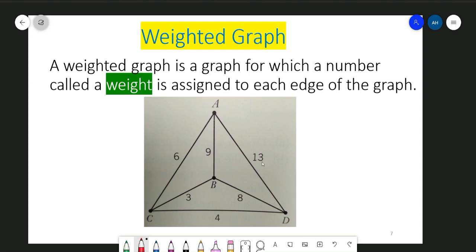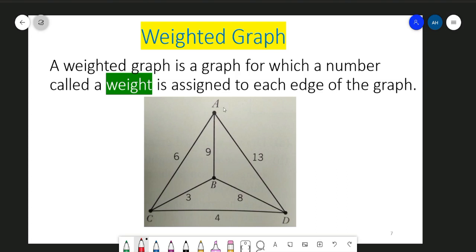And this number in our application problems may represent the distance. For example, from A to D the distance is maybe 13 kilometers. In that case, from B to D the distance is 8 kilometers, and so on and so forth. Maybe these numbers also represent the cost of traveling from one point to the other.